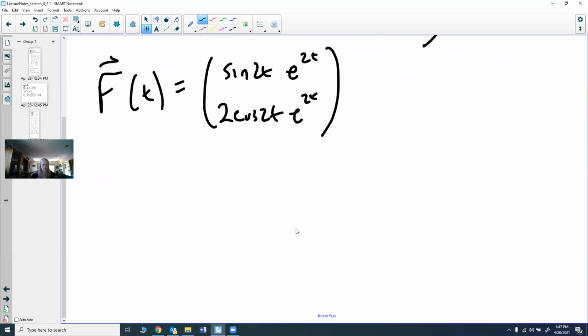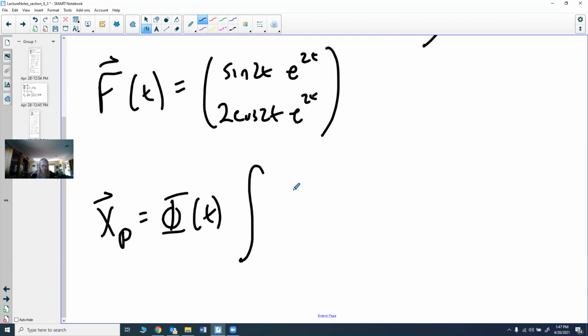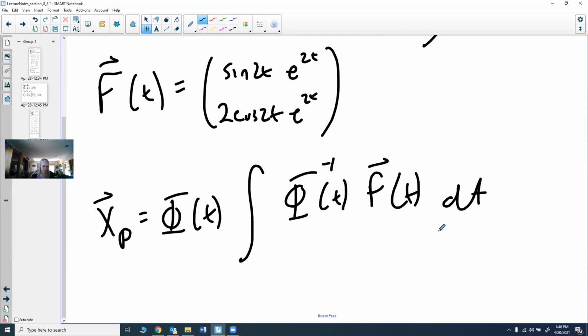And then all we have to do is find out what x sub p is. X sub p, again, is your fundamental matrix times the integral of the inverse of your fundamental matrix times f of t dt. So you would go find out what it is.